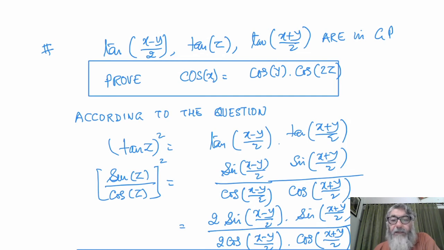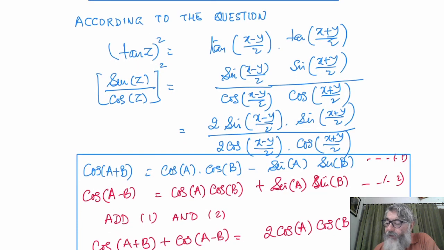Then, because the answer is in cos, we converted everything into sine and cos. Like tan z was written as sin z upon cos z whole square. Then tan x minus y upon 2 was written as sin x minus y upon 2 over cos x minus y upon 2. Similarly, tan x plus y upon 2 was written as sin x plus y upon 2 over cos x plus y upon 2.